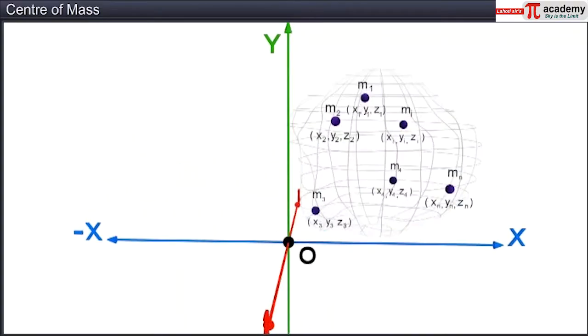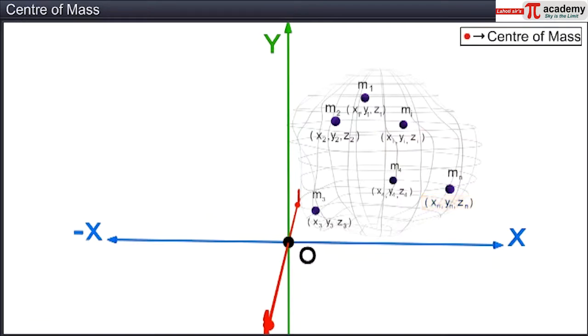Let us consider a system of n particles with masses m1, m2, mi, mn, and the positions of these particles represented by x1, y1, z1, x2, y2, z2, xi, yi, zi, xn, yn, zn.